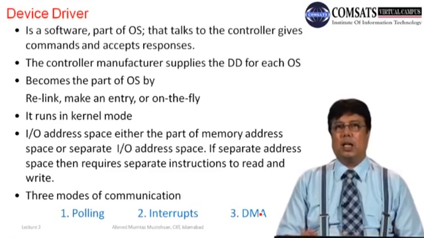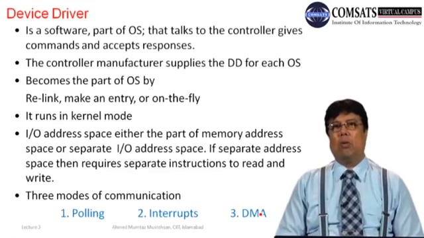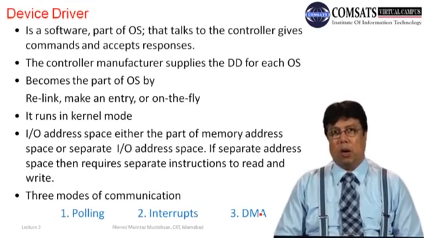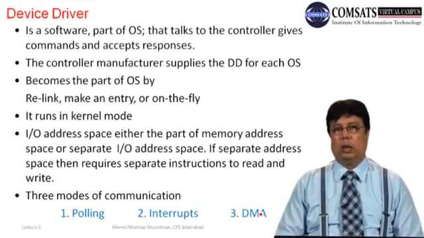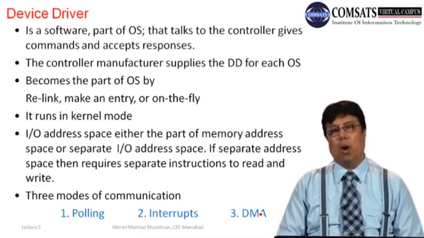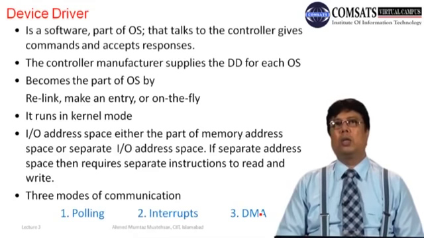The operating system maintains a table of all the procedures, all the routines that are expert at dealing with a particular device, or with a particular task that has to be carried out in kernel mode by the operating system. Depending upon the type of device driver, it either makes the system relink itself, or it simply makes an entry into its table.